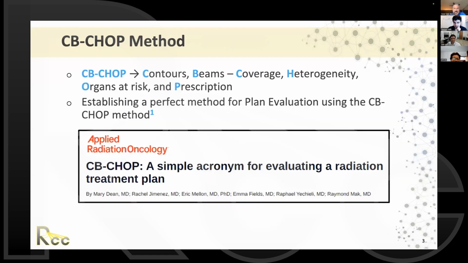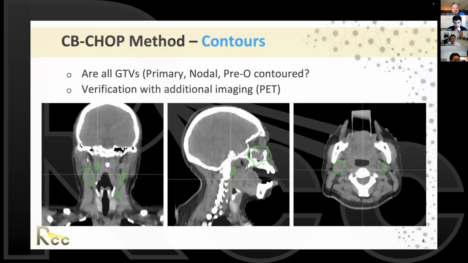If we start with the letter C, which is contours, again, there is no way that we can tell you everything that you need to check on a plan, but these are the most important things that you should not forget to check when you're going through a plan evaluation.